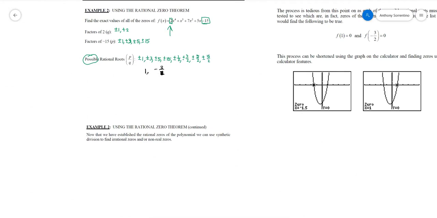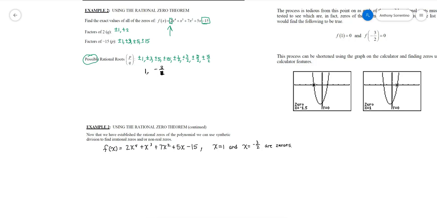So I'm going to go back and rewrite my function. And by using the rational zero theorem, and with help of the calculator as well, I've established that x equals 1 and x equals negative 3 halves are zeros.